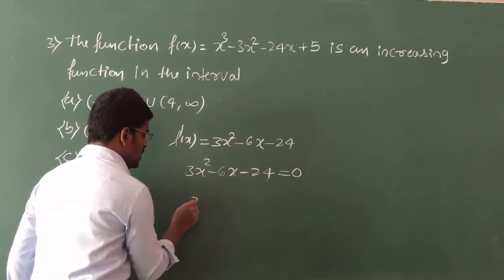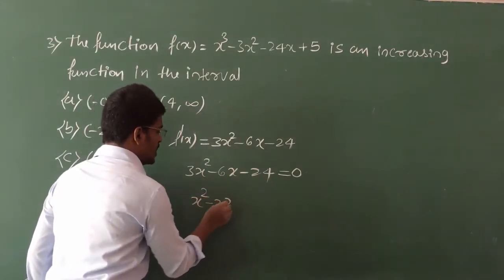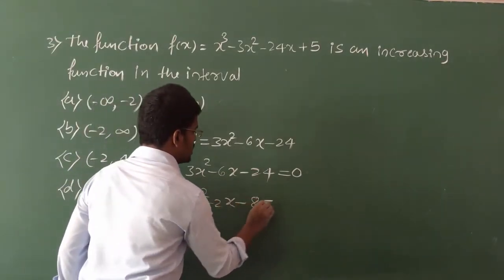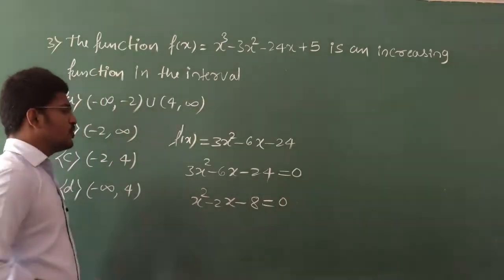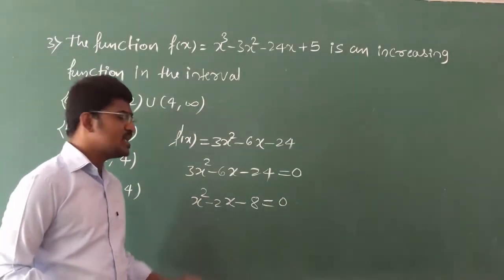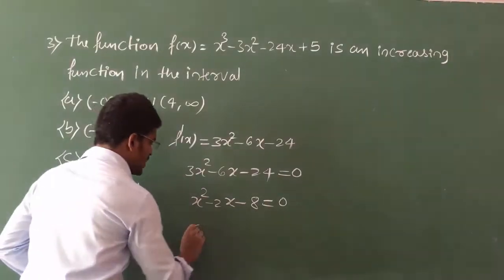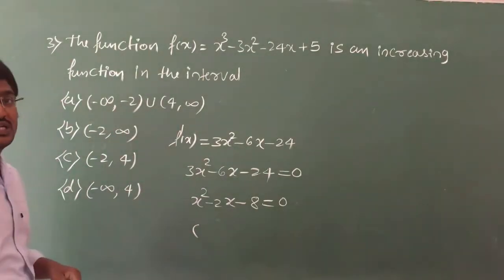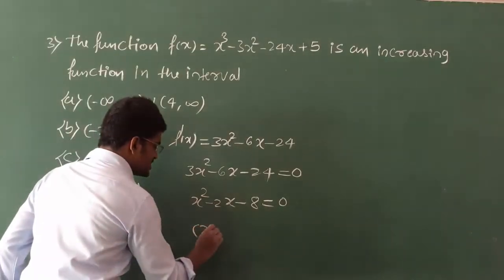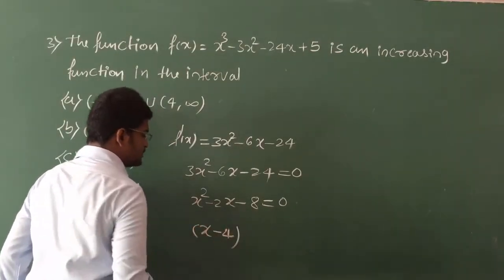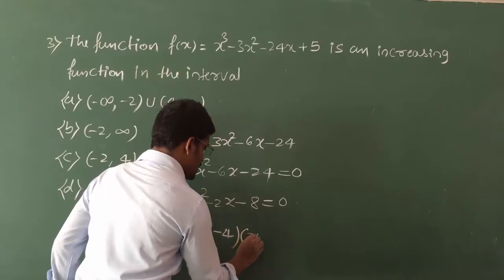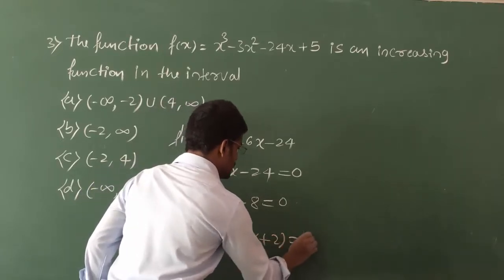Take 3 as common. x square minus 2x minus 8 equal to 0. So this is how you are going to get your algebraic equation. If I factorize it, you are going to have (x minus 4) into (x plus 2) equal to 0.